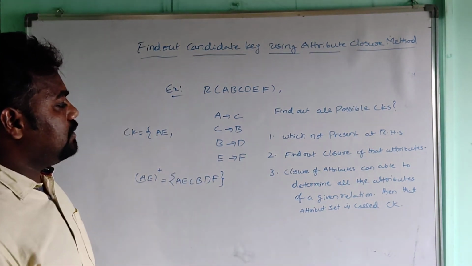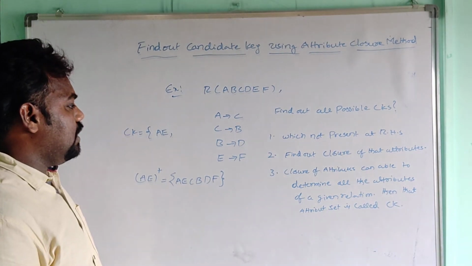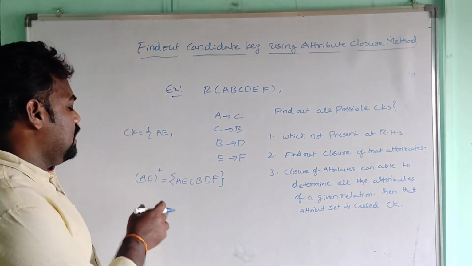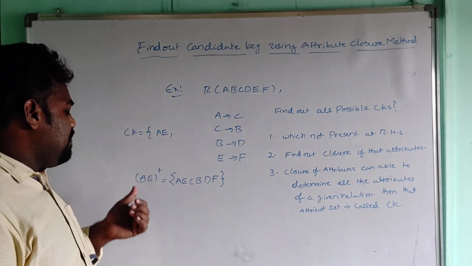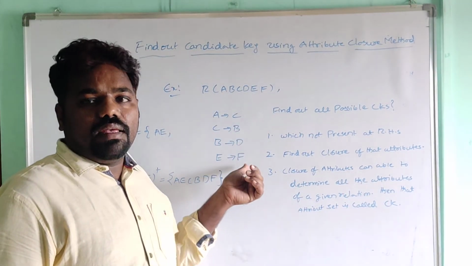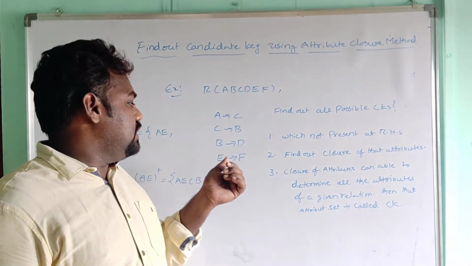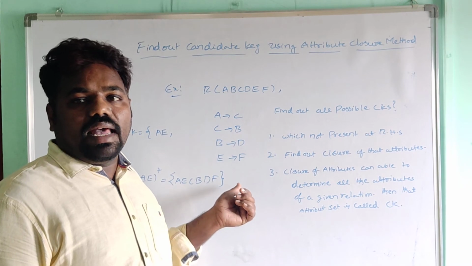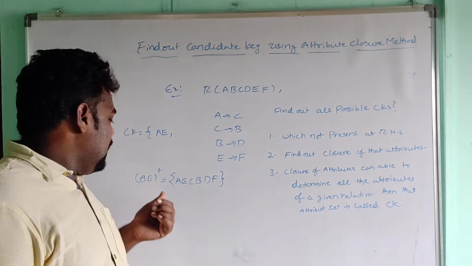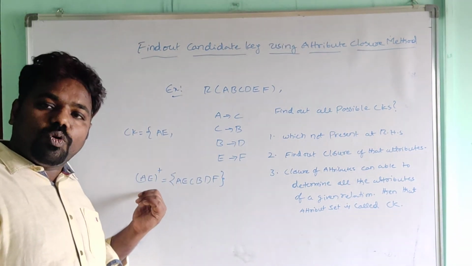Then we will see by taking combinations of these elements. Suppose AE is not present on the right side of the functional dependencies, without AE we cannot determine all the elements of the given relation. If you want to determine all the elements, AE should be present.